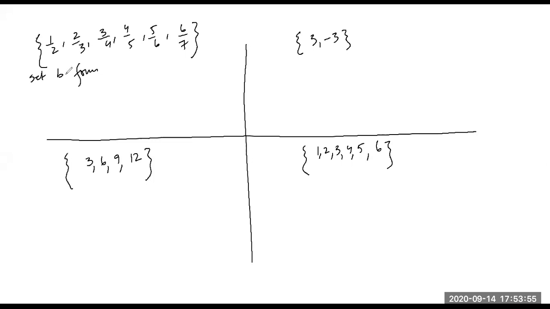In which form? All these are roster form. So I need to convert them into set builder form.